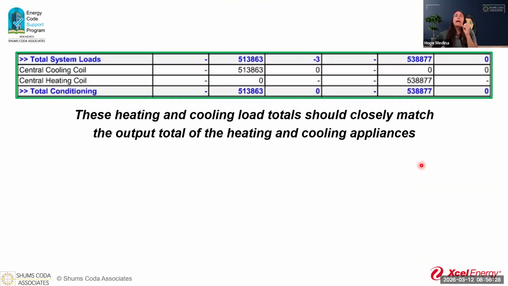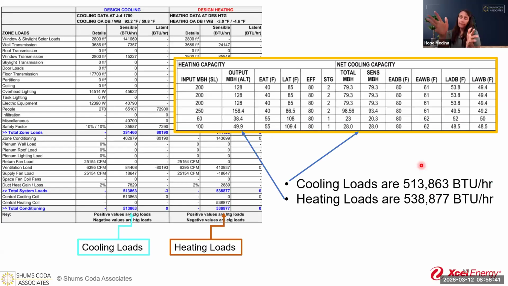We should be able to verify that whatever heating equipment we have closely matches what's here. And the same can be said when we're talking about the cooling loads. So here is an example. Here is the report. Here is the information that we have for our heating and cooling.